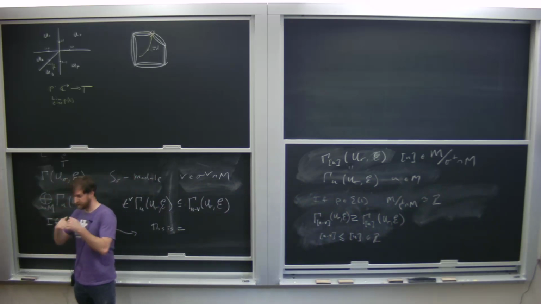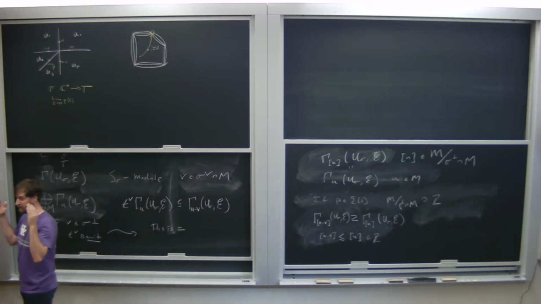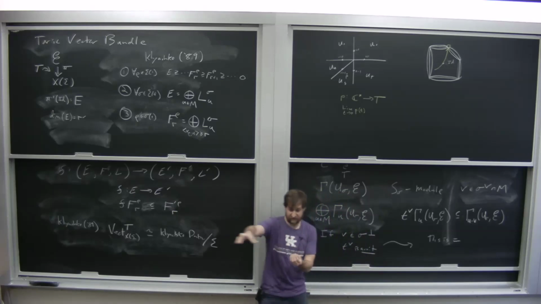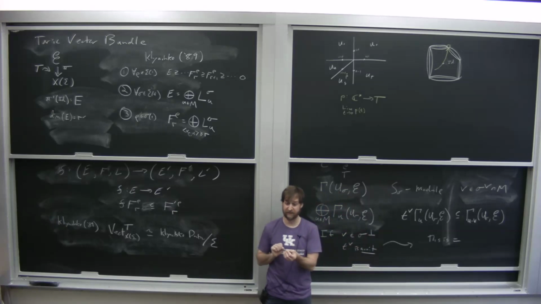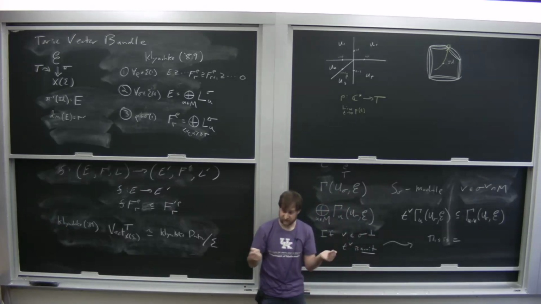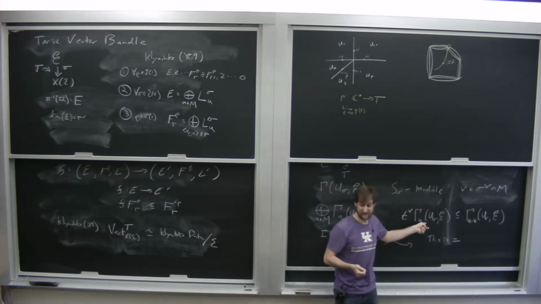If you took a couple of sections whose images had a linear relation between them, then you could smear that all over the toric variety and take its closure in the boundary, and you would get a linear relation on the sections you started with. So what this shows is that each of these spaces is actually a subspace of E.